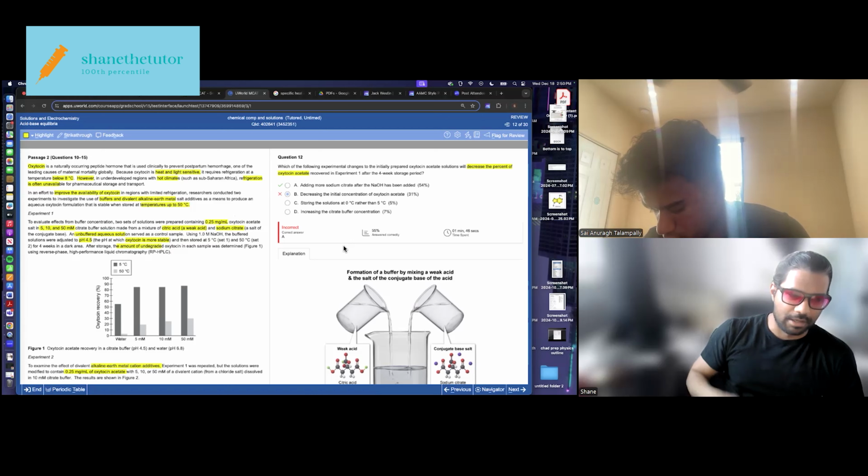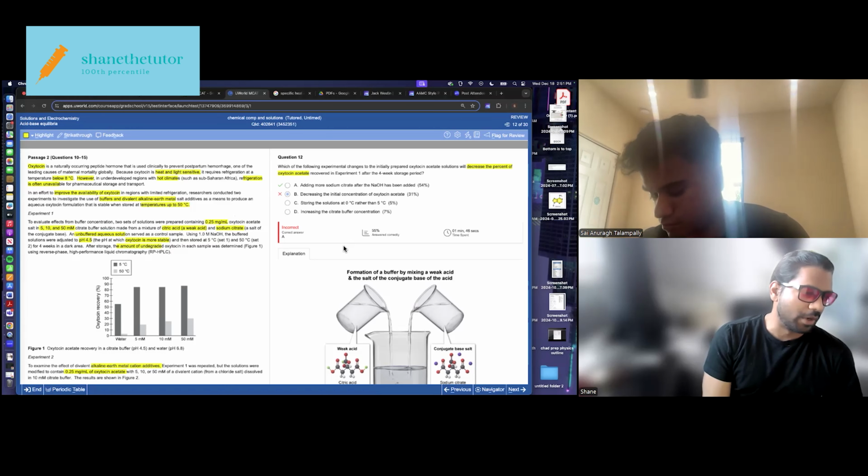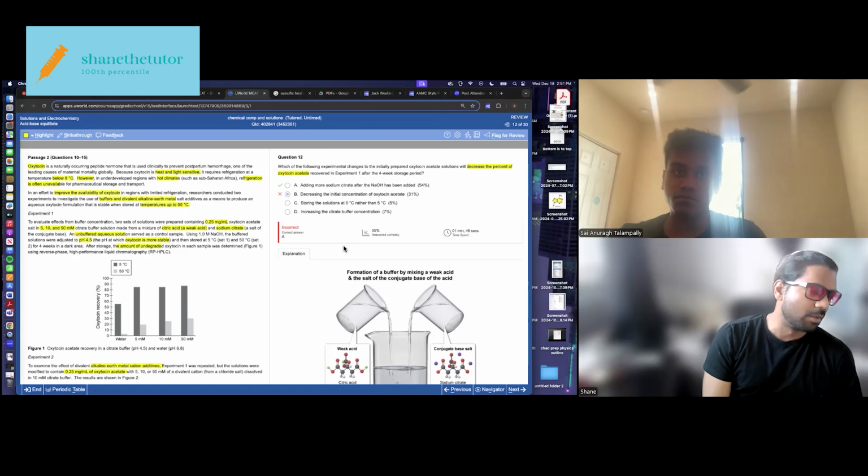Figure 1: oxytocin acetate recovery in a citrate buffer, pH 4.5, and water, pH 6.8. Oh, okay. The one in water seems to have about 55% recovery at 5°C, but practically 0 at 50°C.